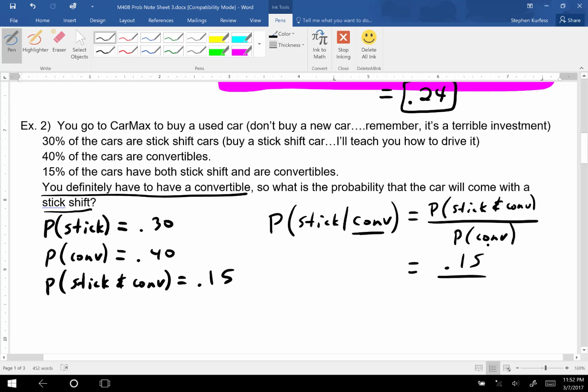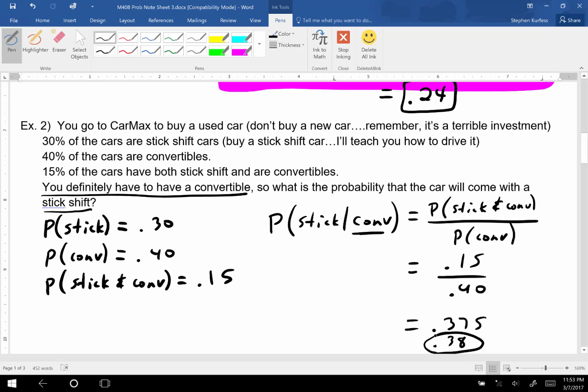The probability of just getting a convertible is 0.4. All right, so you divide that out and you get 0.375 or 0.38, really, to round it to the nearest hundredth. Okay, so that is the probability. If you have to have a convertible, the probability of getting a stick shift with all these parameters is 0.38.